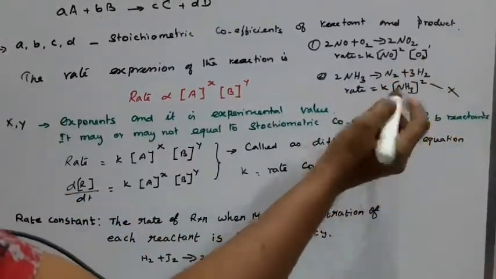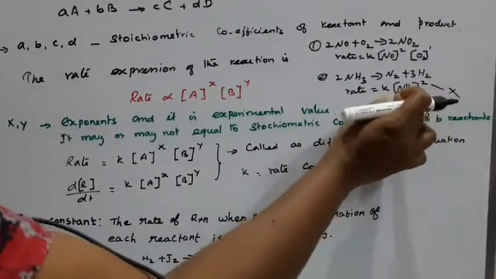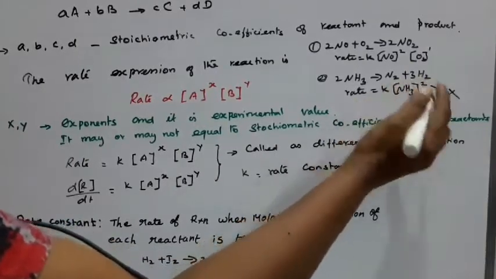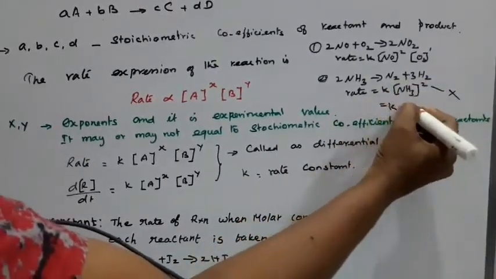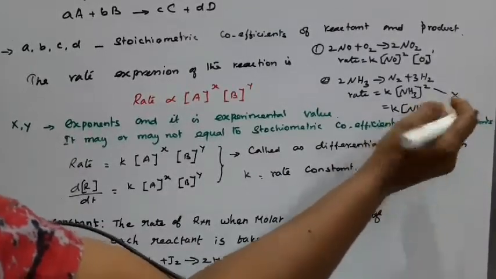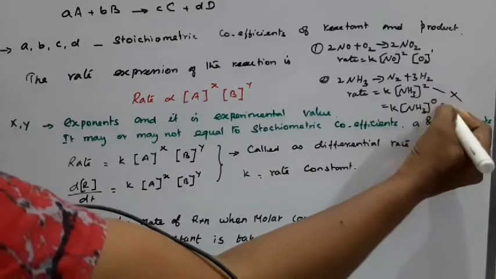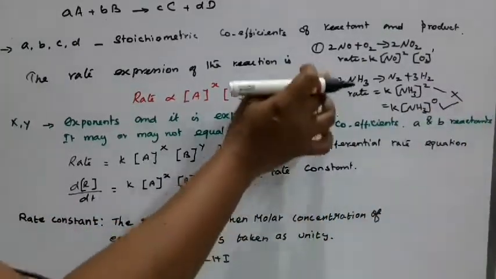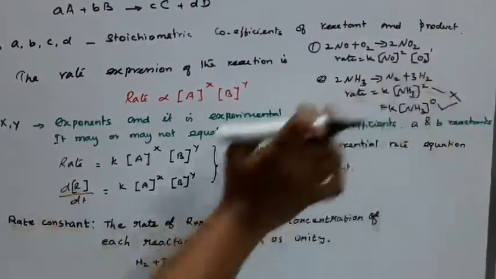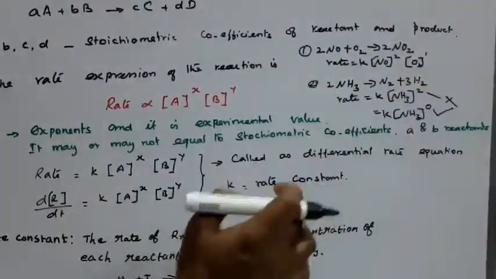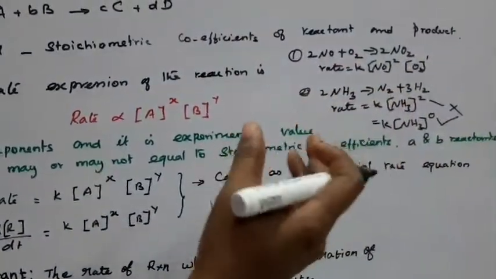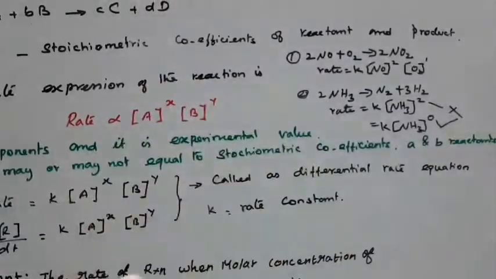For ammonia, the rate is k times the concentration of ammonia raised to the power 0. This is from experiment. For this case the experimental order is 0, a zero order reaction, not second order. Anything raised to the power 0 represents zero order.